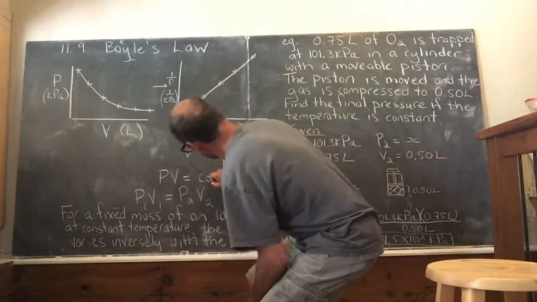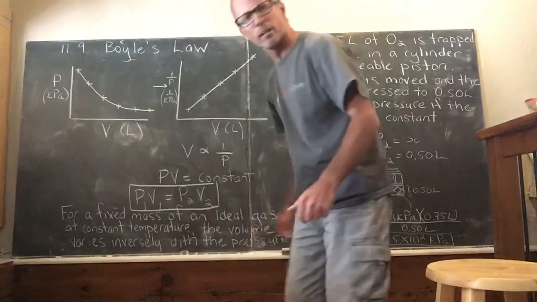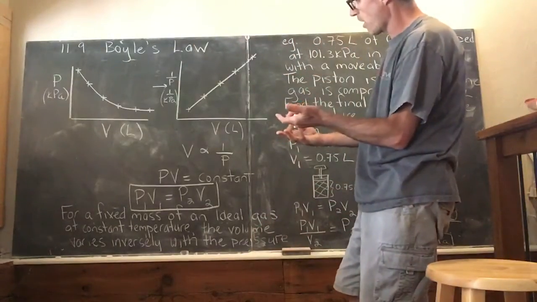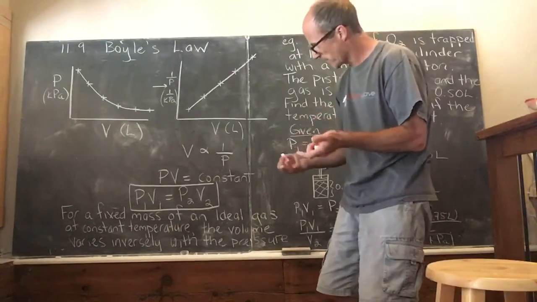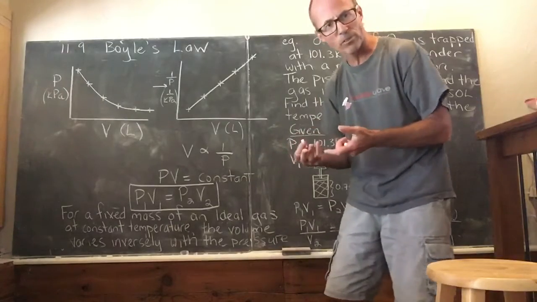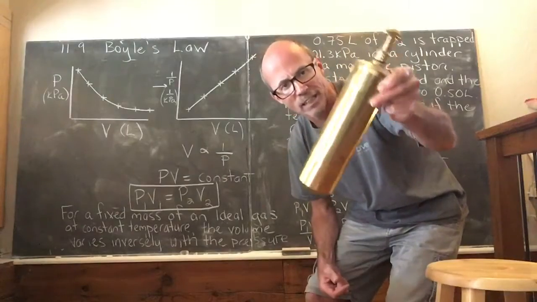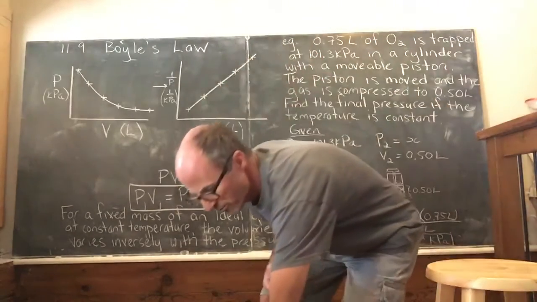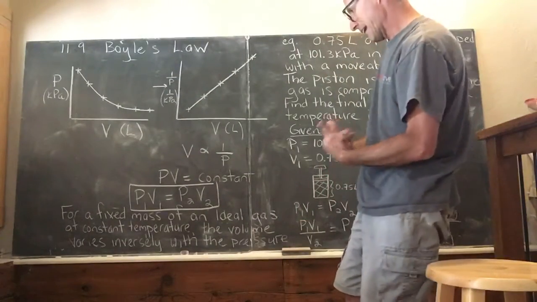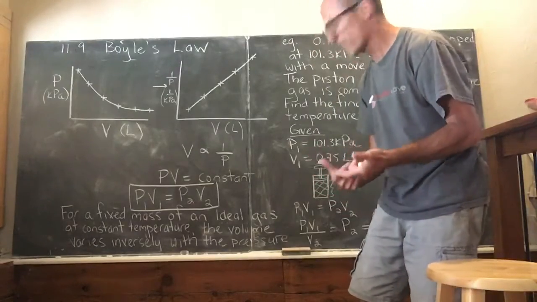In a nutshell, the mathematical relationship is P1 V1 equals P2 V2. The definition of Boyle's Law is simple. For a fixed mass of a gas, of an ideal gas, and that just simply says that the mass of the gas in this sealed container cannot get in or out. It's locked in. So it's fixed in place. So for a fixed mass of an ideal gas, at constant temperature, the volume varies inversely with the pressure.